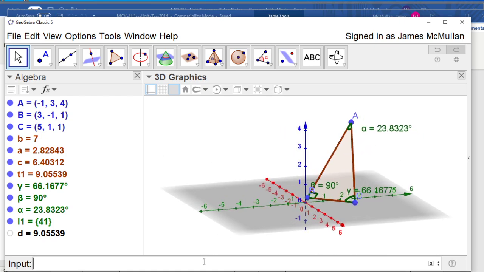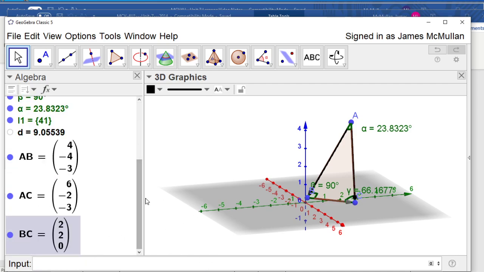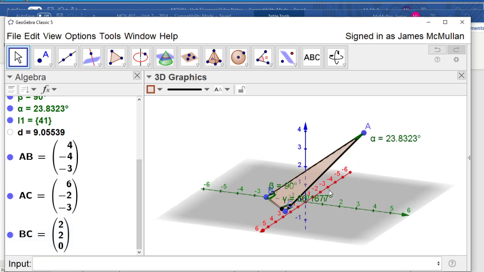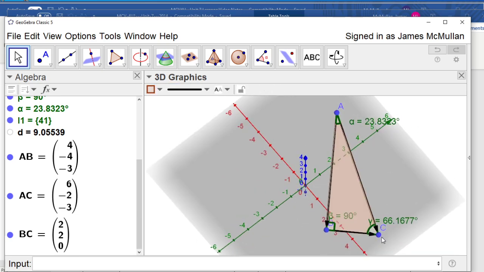Suppose I wanted to say AB equals vector A to B, AC equals vector A to C, and BC equals vector B to C. Suppose I started at point C, and see what would happen if we added these vectors together.